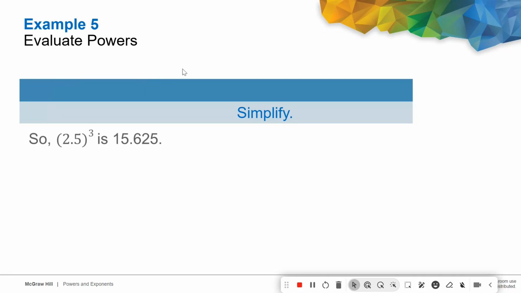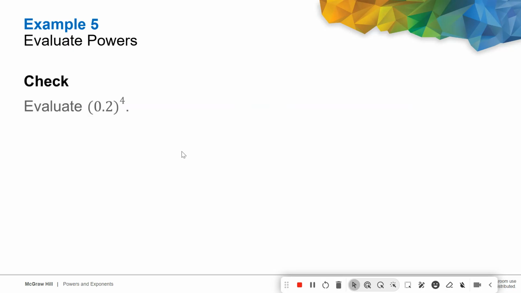You can see this on your page, so that's why I'm not bothering to fix the slides. 2.5 times 2.5 times 2.5. That was 3 times because the exponent is 3. And then when you do that multiplication out, you end up with 15.625. That's your simplified. All right, and so you're going to try it with this decimal, 0.2 to the fourth power. And that is the end of the lesson.